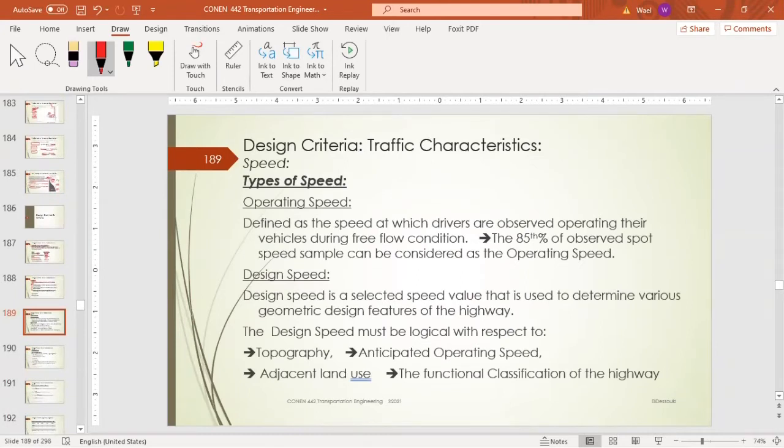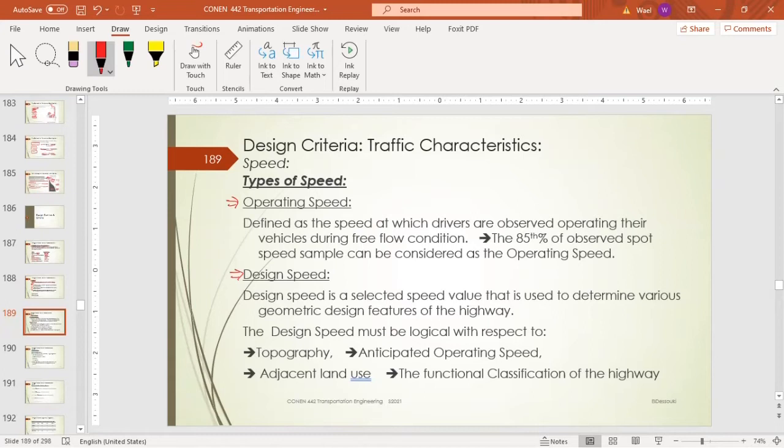Regarding speed, we have different types of speed. We have operating speed and we have design speed. So what is the definition of operating speed? It's defined as the speed at which drivers are observed operating their vehicles during free flow condition.